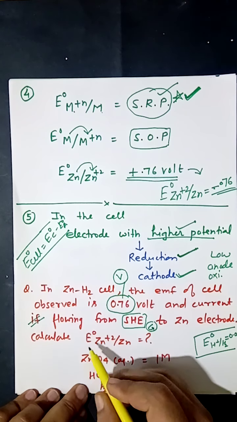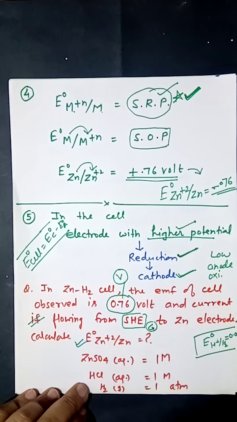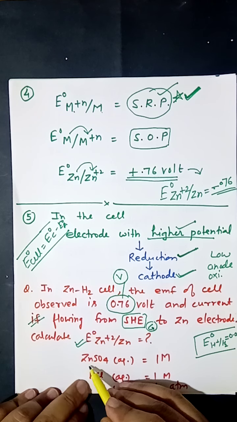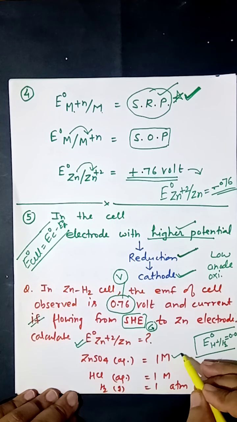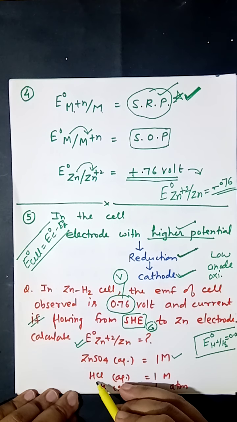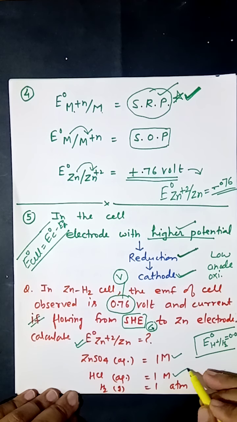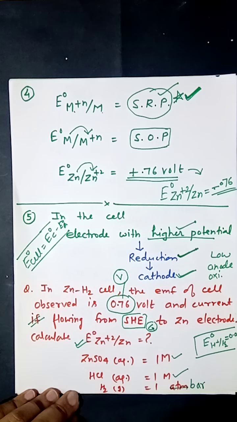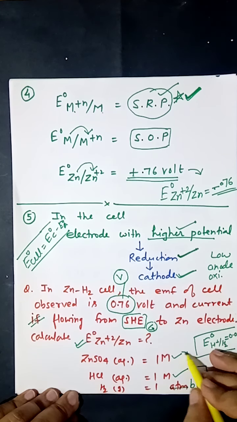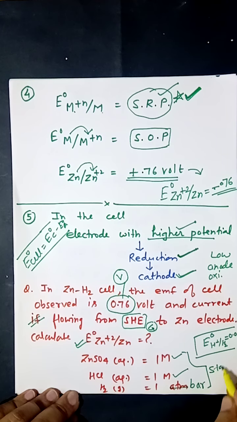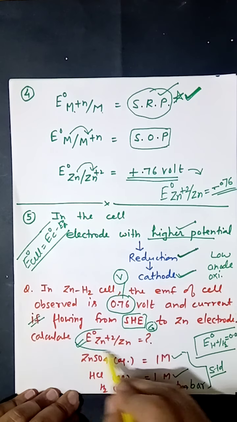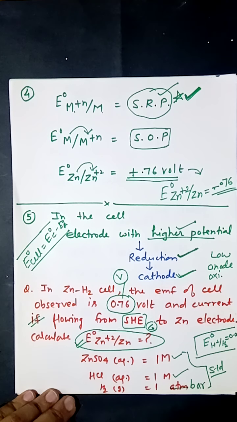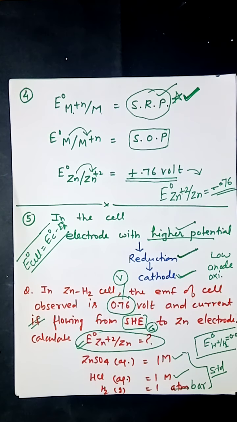We need to calculate the standard electrode potential of zinc. You are also given zinc sulfate, its concentration is 1 M. HCl is the electrolyte for hydrogen, its concentration is 1 M. And the pressure of hydrogen is given as 1 bar. So all these conditions are standard, and therefore the question says we need to calculate the standard electrode potential of zinc.